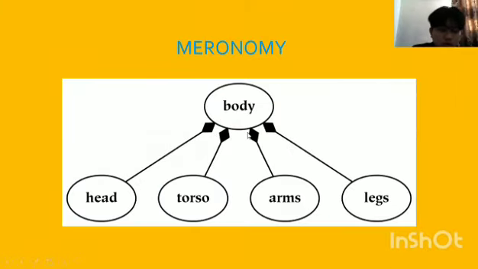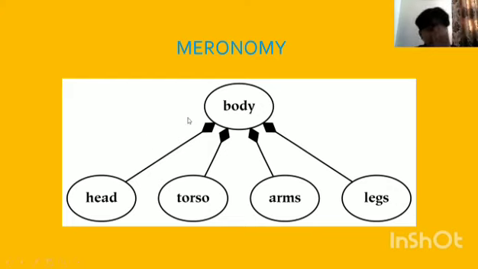So, in semantics, a meronymy is a word that denotes a constituent part or a member of something. Meronymy is not just a single relation, but a bundle of different part-whole relationships.